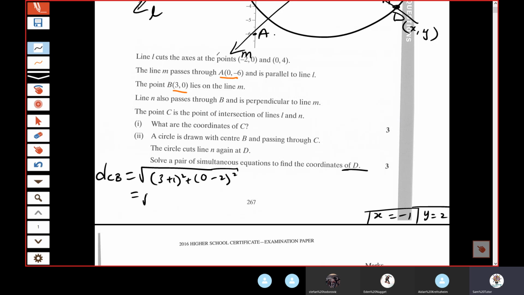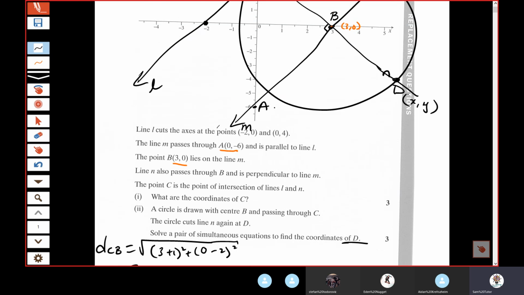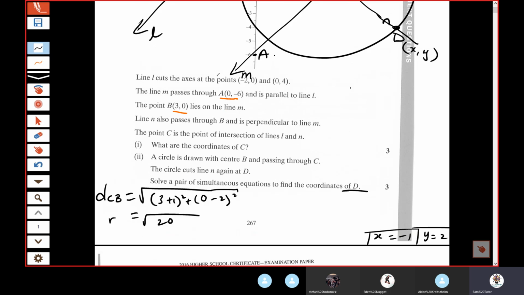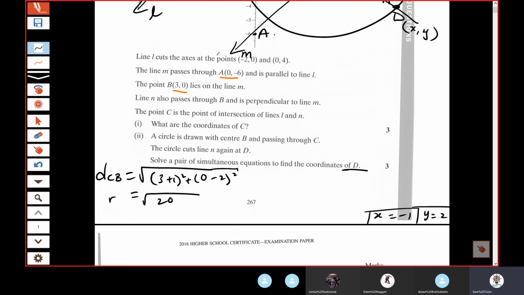So your radius is 16 plus 4, root 20. That's your radius. But now, you know what the distance of BD is? The distance of BD needs to be square root of 20.